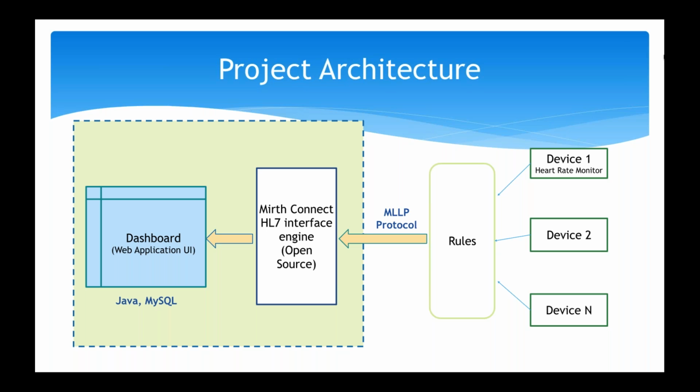And the Mirth connector is basically an ESB-like application where the incoming messages are further processed and sent to the dashboard in this particular application. The dashboard is a web application, a user interface, and the Mirth connector will populate the database with the processed information.